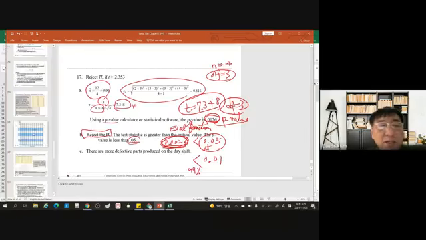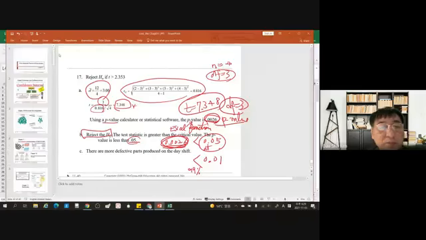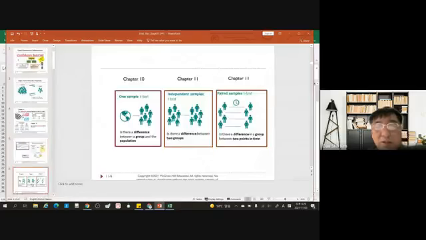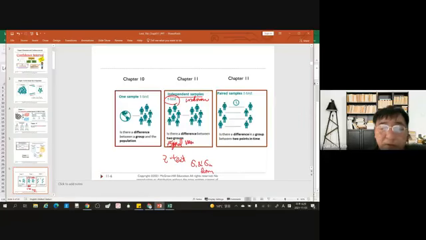I will summarize this one. Chapter 11 is the two independent t-test or z-test, when sigma 1 and sigma 2 are known, or unknown. When unknown, there are two cases, equal variance and unequal variance.